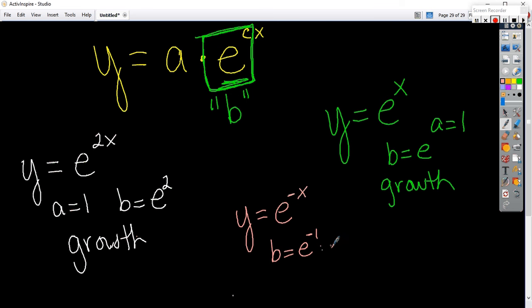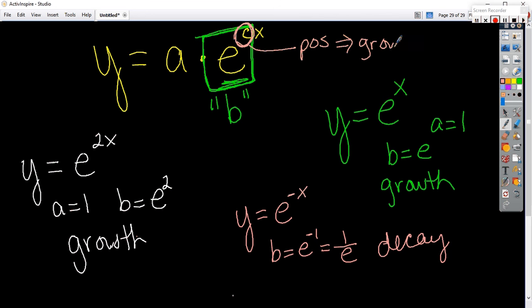Which would be 1 over e. Well, 1 over 2.7 is less than 1, so now it's decay. So the key here is, if this c is positive or not there, then it's growth. And if it's negative, we're talking about decay.